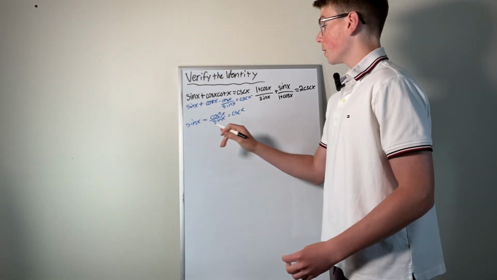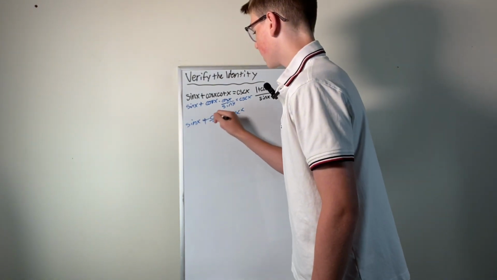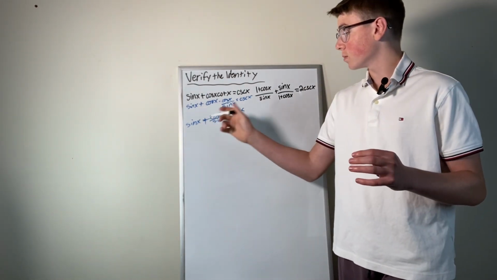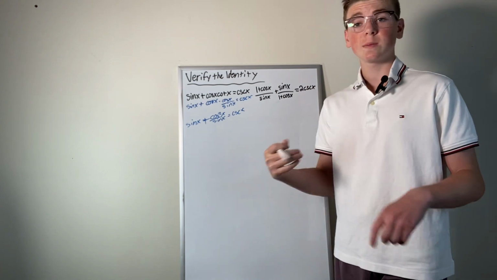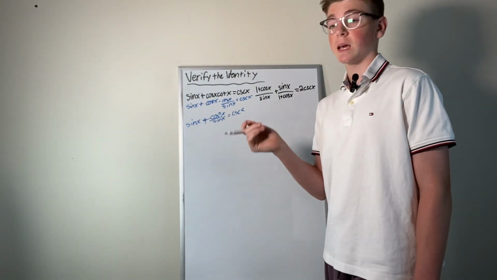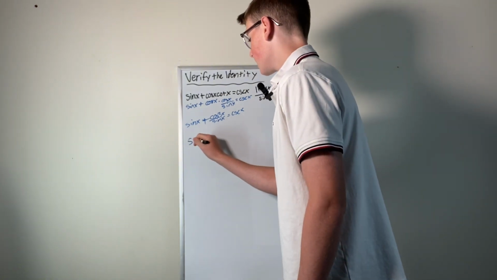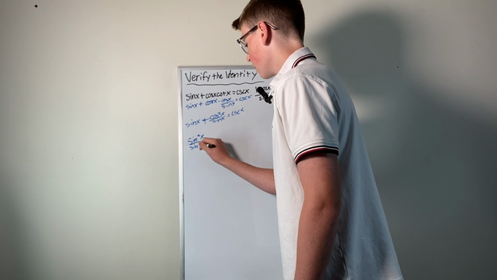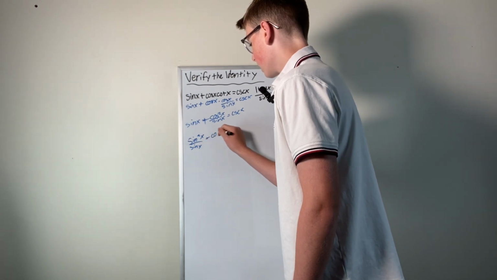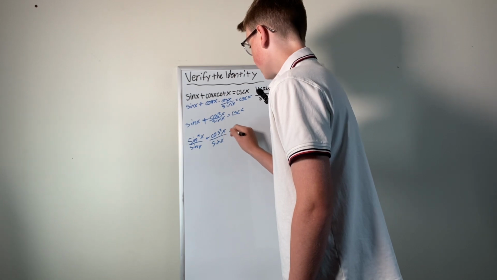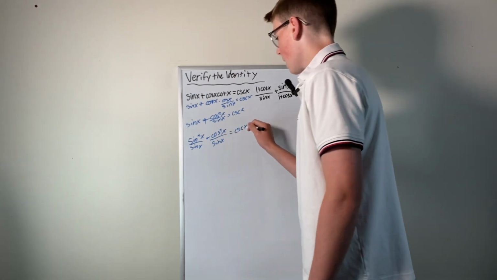We are going to get a common denominator here on the left side so we can simplify everything. So that means I have to multiply this sine x by sine x over sine x. That'll give me sine squared x over sine x plus cosine squared x over sine x equals cosecant x.